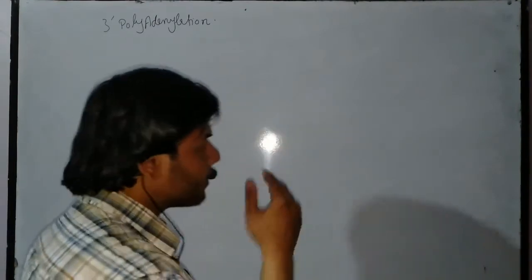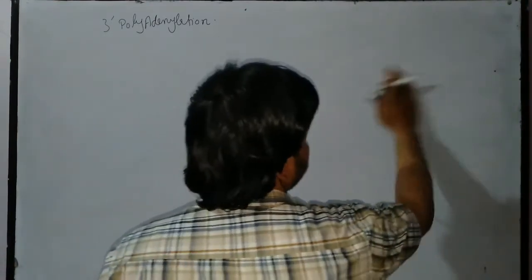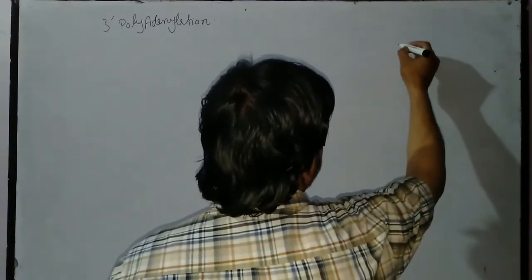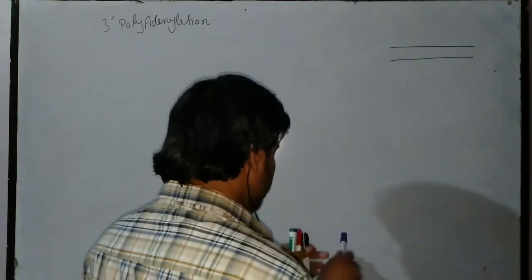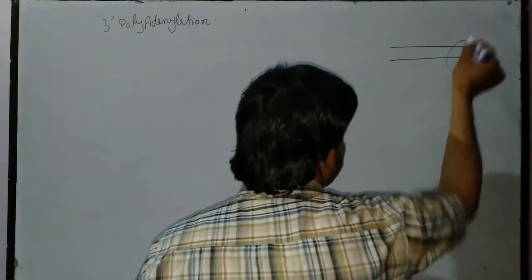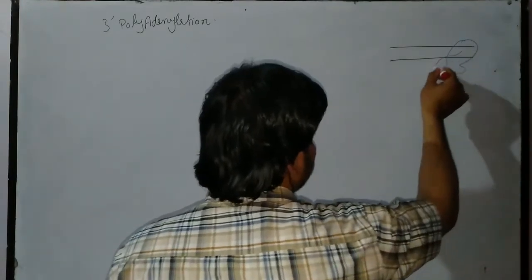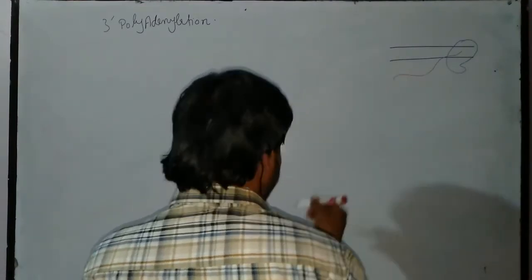Okay, let's look at the simple idea of polyadenylation. Let's suppose this is the DNA, as you can see. This is the RNA polymerase, and this red one is the messenger RNA.